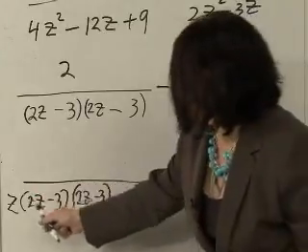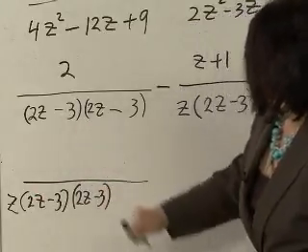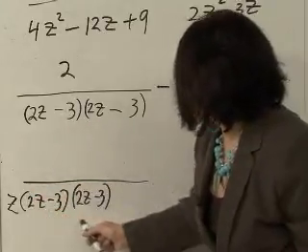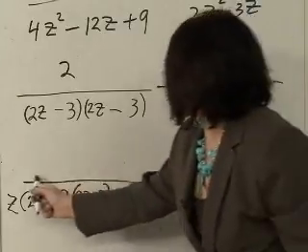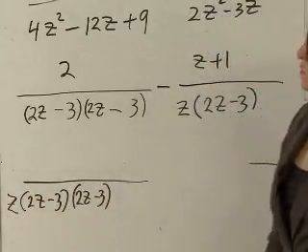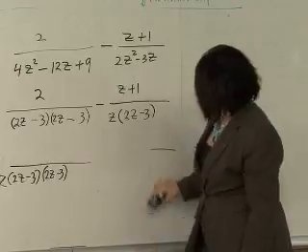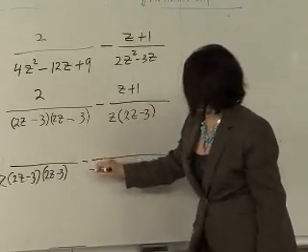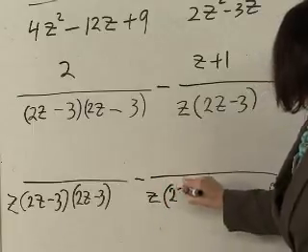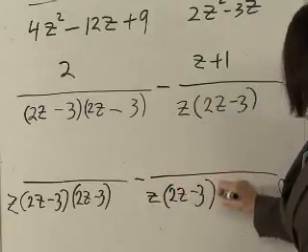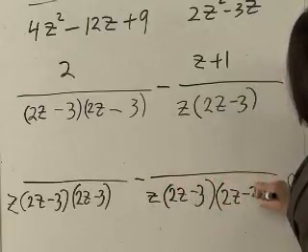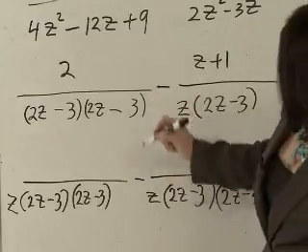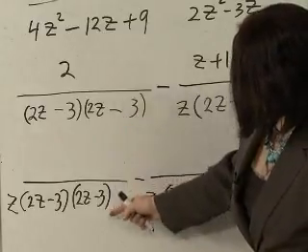And then if you look at that, it contains the first denominator, there it is, and it contains the second, there it is. So it has to contain both. So let me write the LCD again, which is z times 2z minus 3 times 2z minus 3. Now, how do I go from here to here?